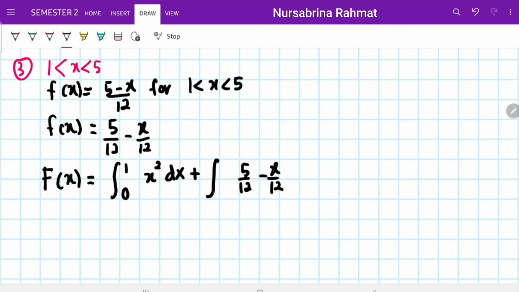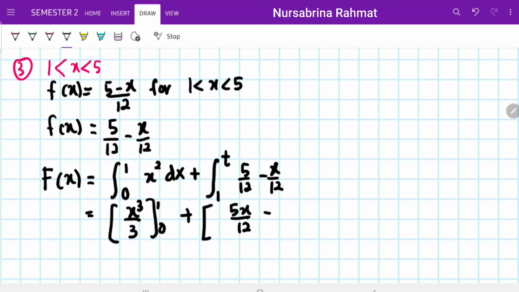The lowest value for this interval is 1 and t is the highest value. Integrating x squared becomes x cubed over 3 from 1 to 0, plus integrating 5/12 becomes 5x/12 minus x squared over 12 times 2, which is 24, from t to 1.